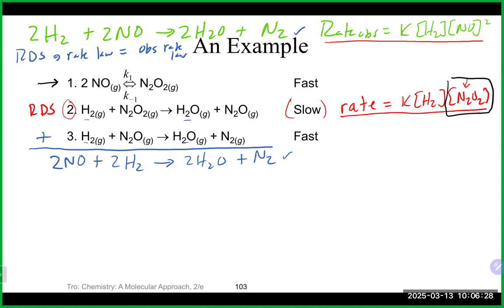Now, step number 1 is actually a reversible reaction. There are arrows heading in both directions. So there is a forward direction in this reaction that has a k value associated with it, and there's a reverse direction in this reaction that has a k value associated with it.